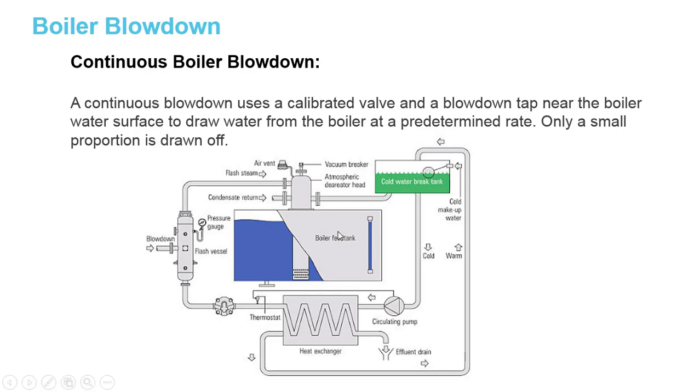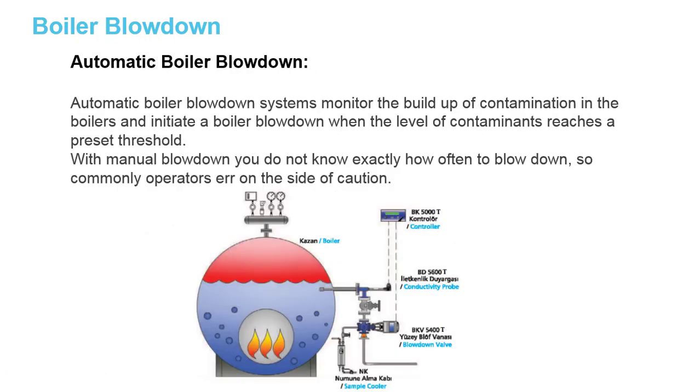Boiler feed, heat exchanger, automatic boiler blowdown. An automatic boiler blowdown system monitors the buildup of contaminants in the boiler and initiates a boiler blowdown when the level of the contaminants reaches a preset threshold. With manual blowdown, you do not know exactly how often to blow down, so commonly operators err on the side of caution.